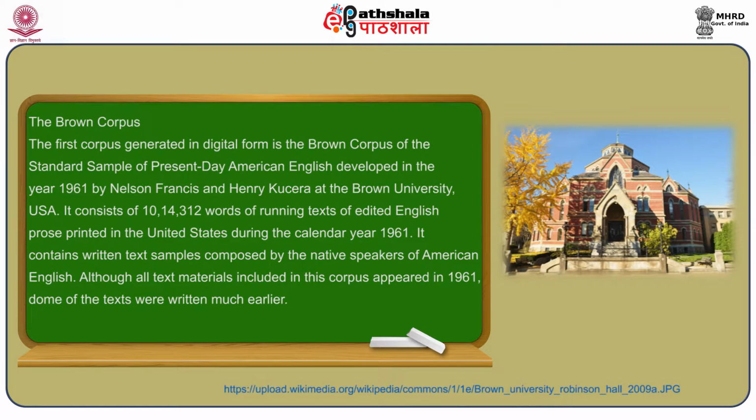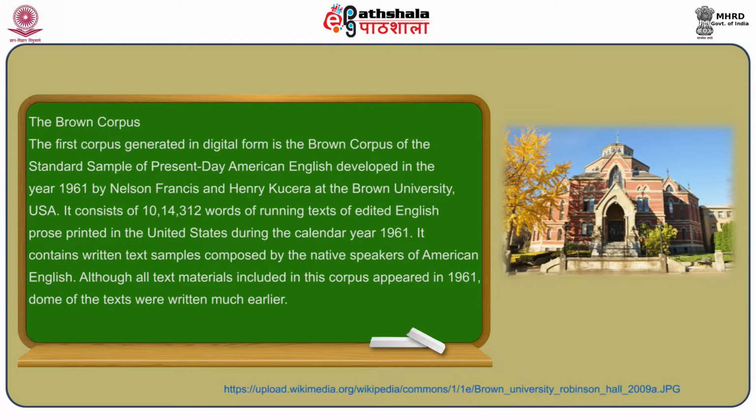First, the Brown corpus. It is the Brown corpus of the standard sample of present-day American English, which was developed in the year 1961 at Brown University, USA, by Francis and Kucera.